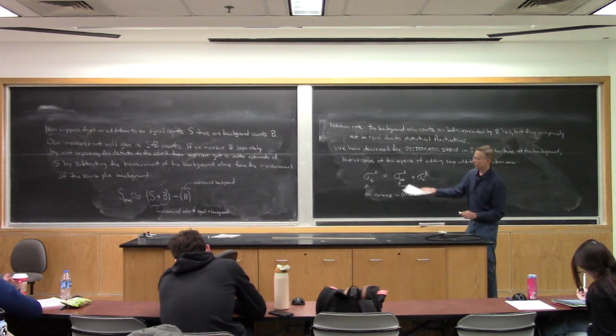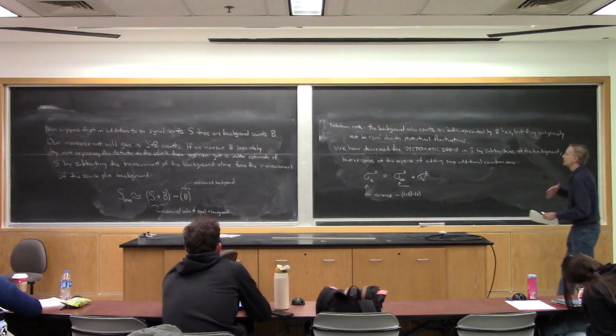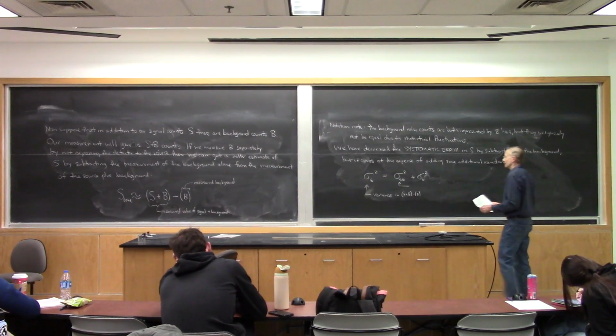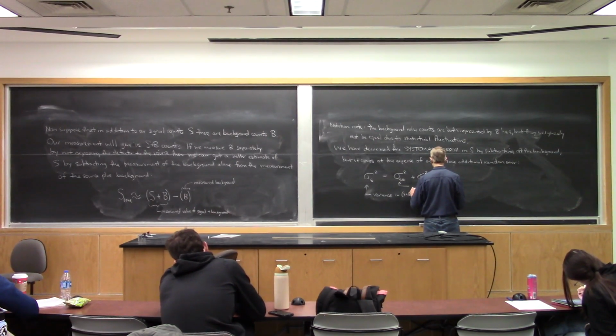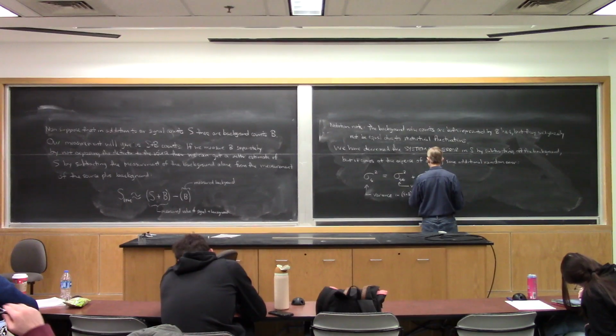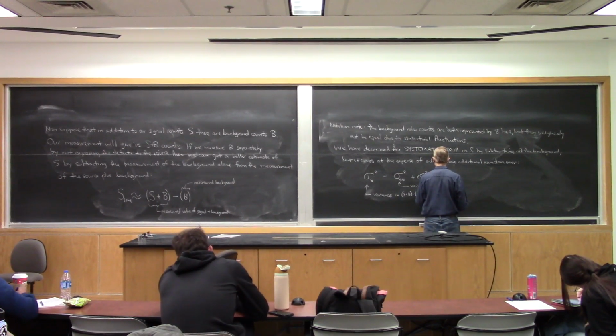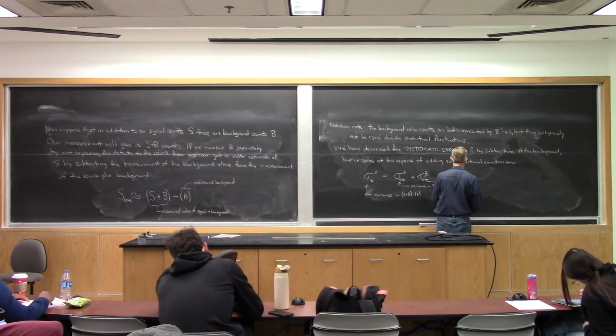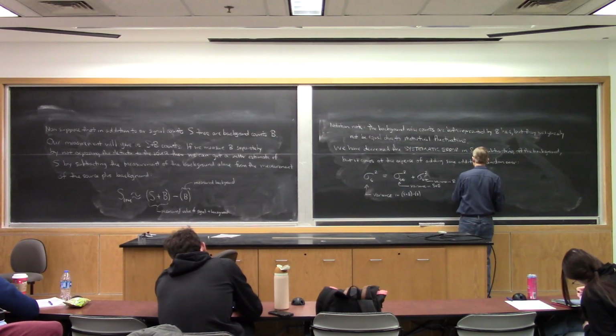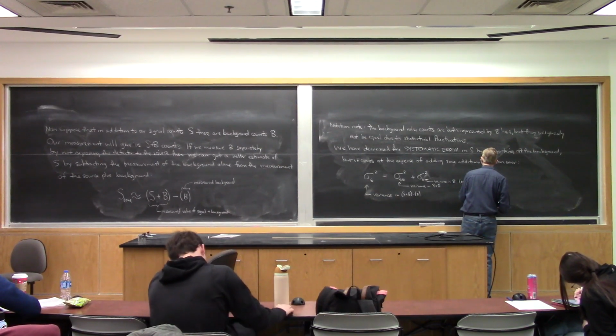The thing that we're looking for is our uncertainty in our estimate of S true. Sigma S plus B squared is the variance in S plus B. And the last term there is the variance in B. That's the term that is the extra random error that we're adding by doing the subtraction.